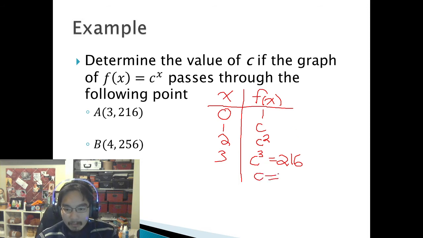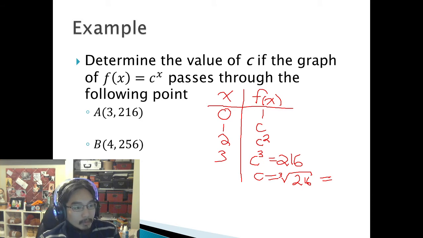C is equal to the cube root of 216, which is, I actually don't remember, 216 to the power of 1/3.